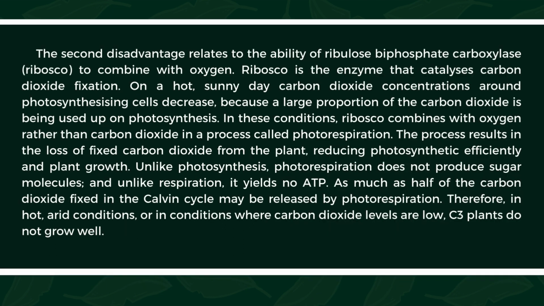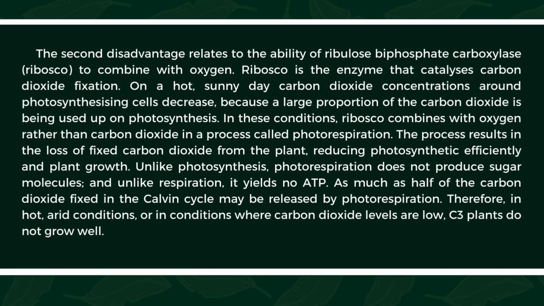The second disadvantage relates to the ability of ribulose bisphosphate carboxylase to combine with oxygen. Rubisco is the enzyme that catalyzes carbon dioxide fixation. On a hot, sunny day, carbon dioxide concentrations around photosynthetic cells decrease because a large proportion of the carbon dioxide is being used up in photosynthesis.